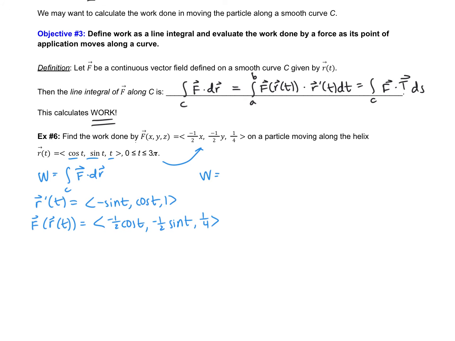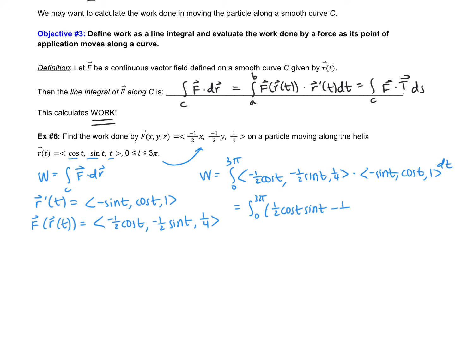So our work then, we have the integral from 0 to 3 pi, and we're going to take that f, that negative 1/2 cosine t, negative 1/2 sine of t, 1/4, and we're going to dot it with negative sine of t, cosine of t, 1, and then we have dt. Okay, so that ends up being 1/2 cosine t sine t, subtract 1/2 sine t cosine t, add 1/4 dt.